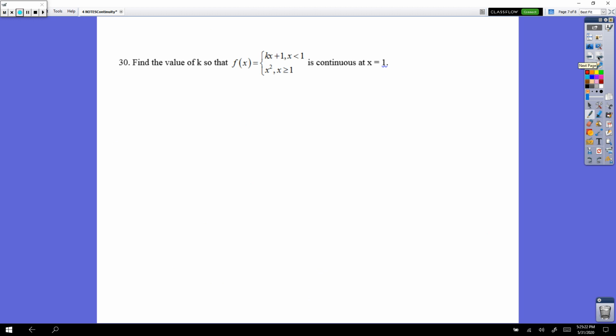Now this problem is similar to that k-type problem. So it's asking, find the value of k so that f of x equals that mess is continuous at x equals 1. So we want continuity.